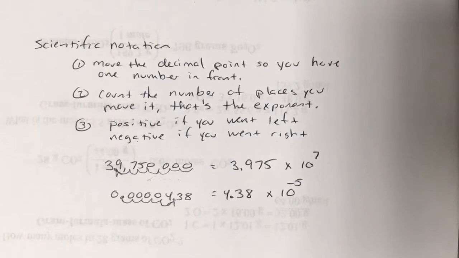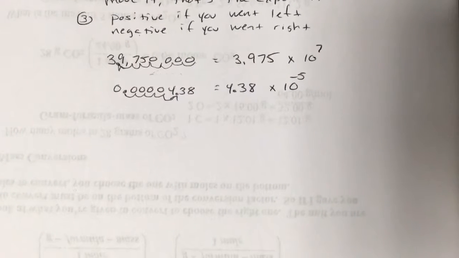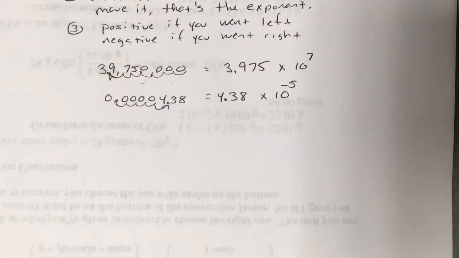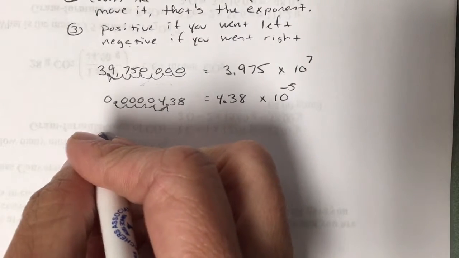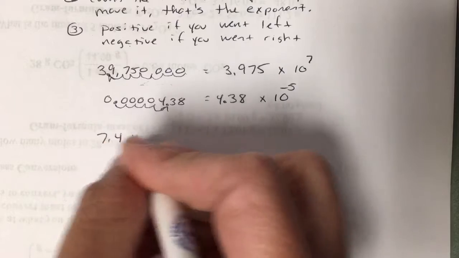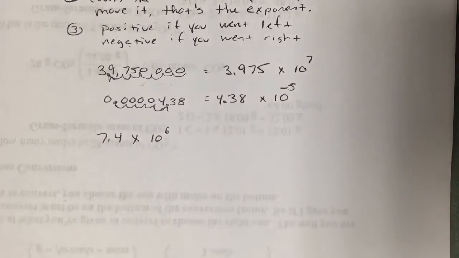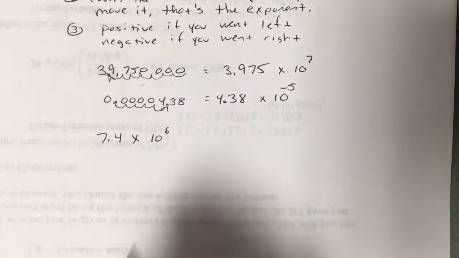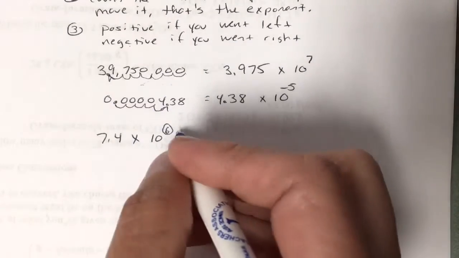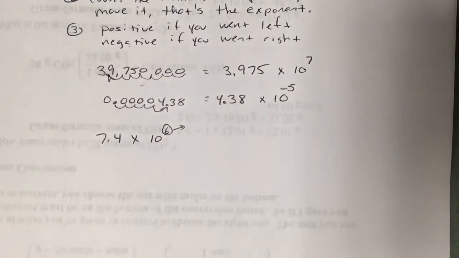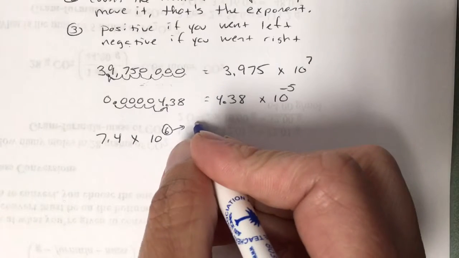Now, sometimes you have to take these numbers out of scientific notation. And to take them out of scientific notation, you have to undo whatever it was that you did. So it says 7.4 times 10 to the 6. I've got to understand what that 6 means. Of course, it means I moved 6 places.